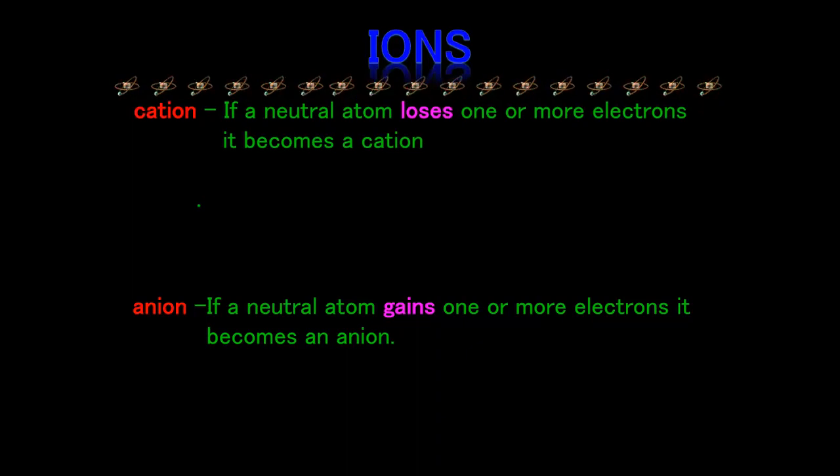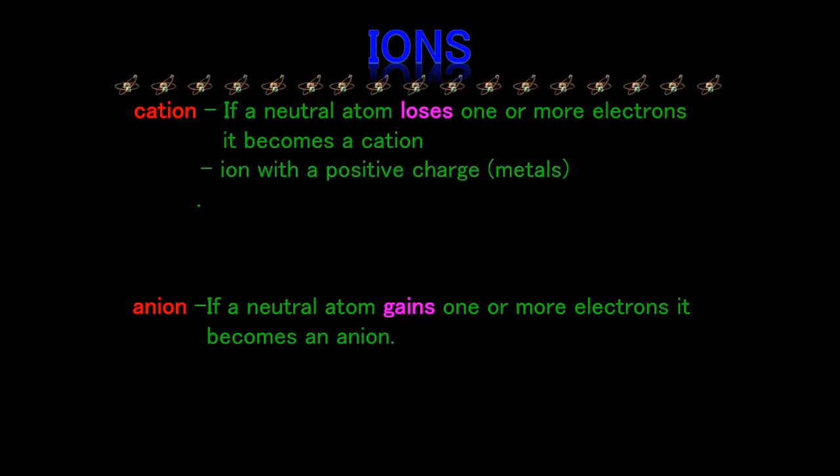Gaining electrons is like adding electrons, you become an anion. When you lose electrons, you lose negative things, so you become positively charged.